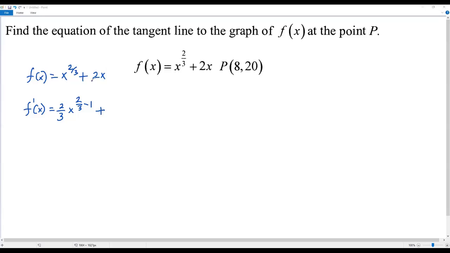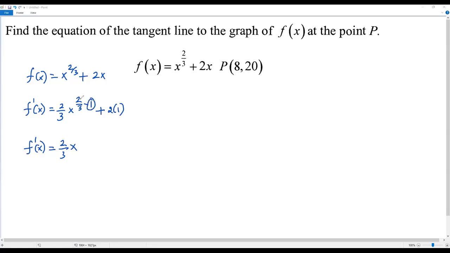Here 2 is a constant multiplied by the variable. So when I find the derivative, I keep the constant 2 as it is, and the derivative of x with respect to x is just 1. Let's simplify this. f prime of x equals 2/3 times x to the power 2/3 minus 1, plus 2.